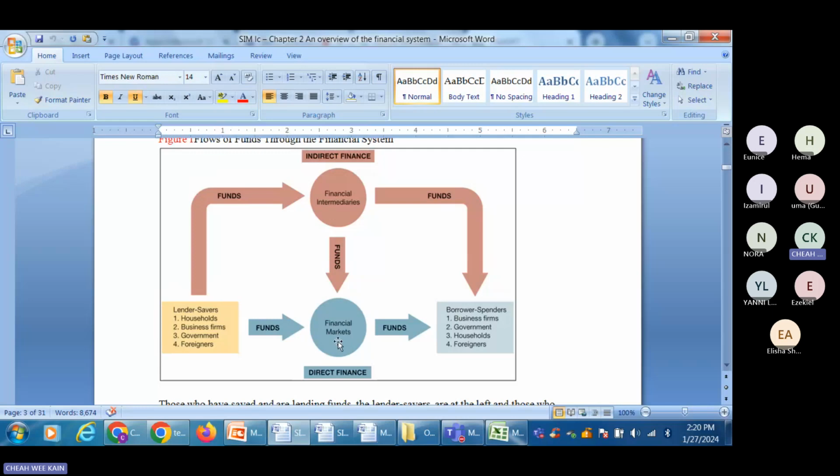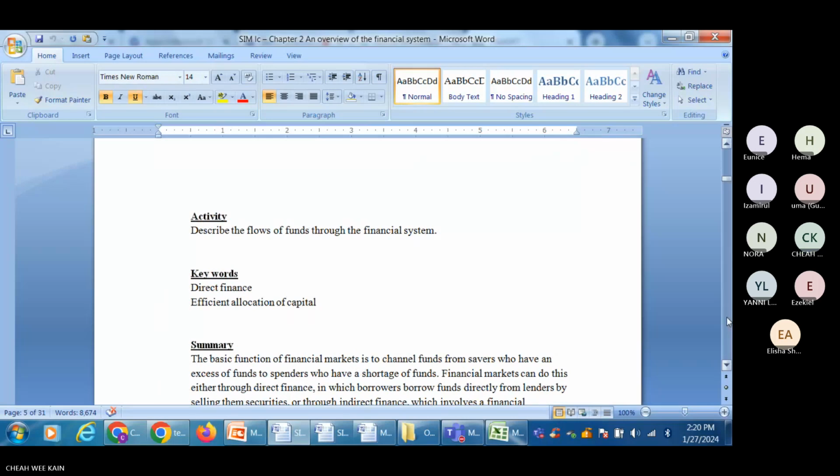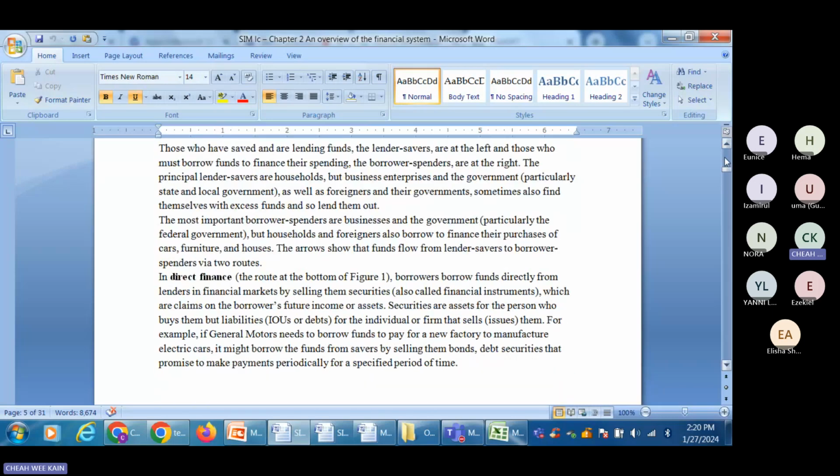And sometimes there is a central party, most of the time there's a financial party here: financial markets or financial intermediaries, a bank, and then the various types of markets. So describe the flow of funds through the financial system. This is what you should be looking at.